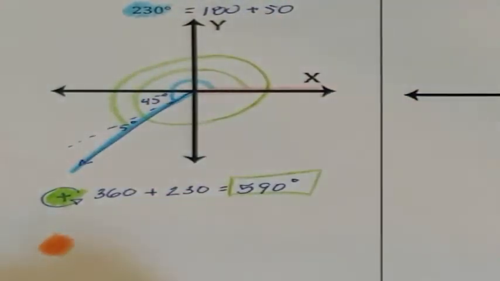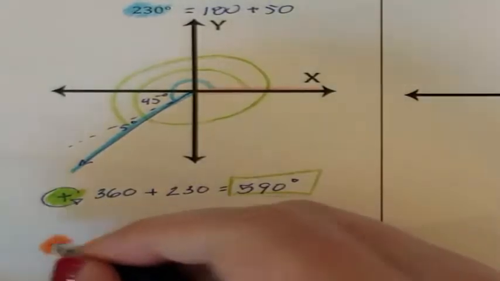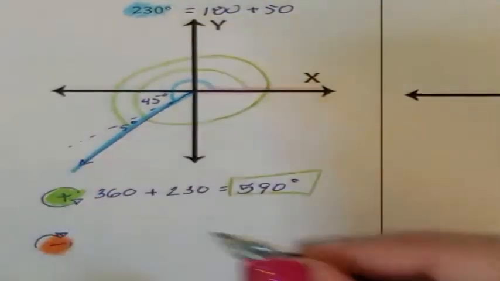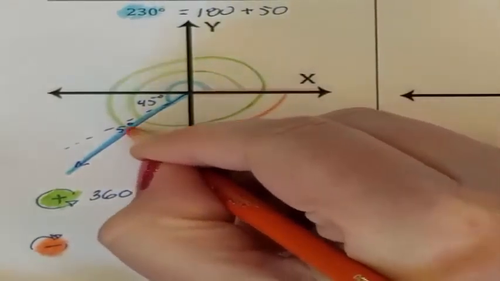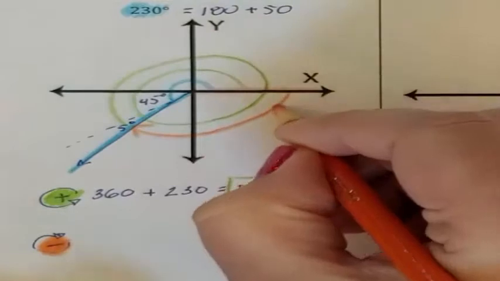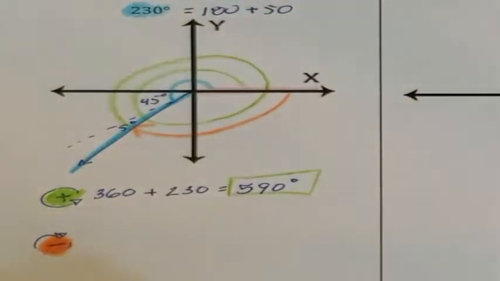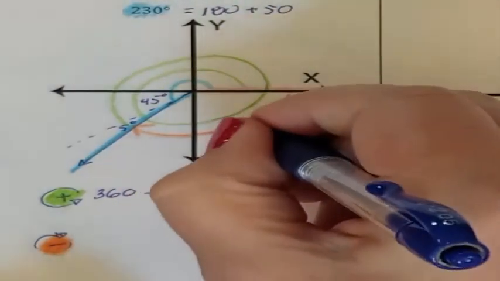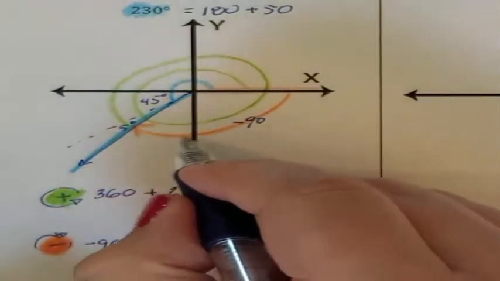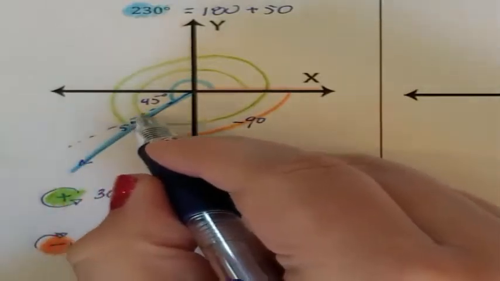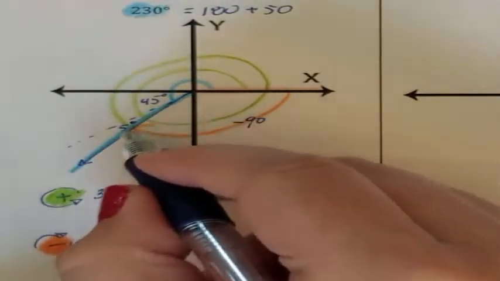Well, what if we went the negative direction, which told you to go backwards? If I started here, I could go backwards and I stop right here. That is a different path, so I can stop. So I see that this is a negative 90. So first I traveled negative 90. And then what is this? Well, I split this in 45 and then took away another 5.